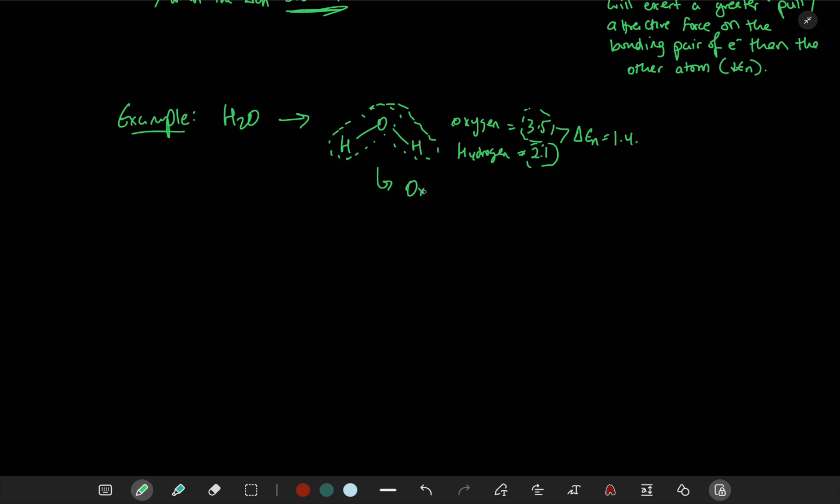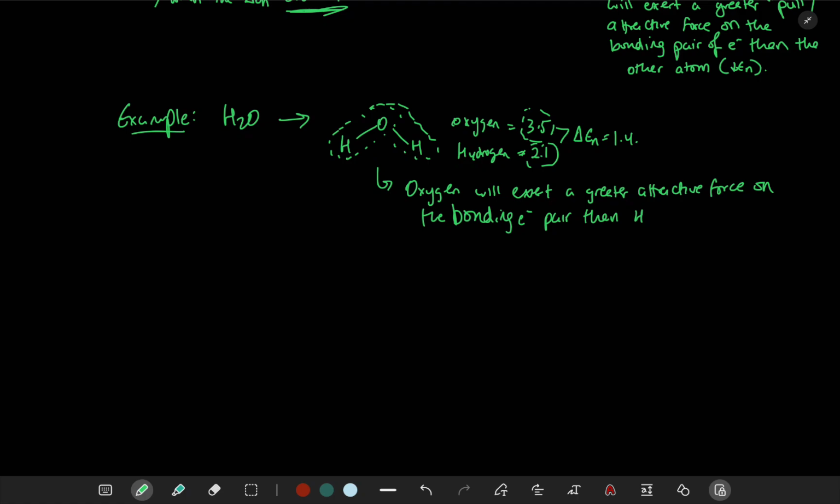So here, oxygen will exert a greater attractive force on the bonding electron pair than hydrogen. And so what that means is there's going to be unequal sharing of electrons, with oxygen getting a greater portion of the electron density in that bond.